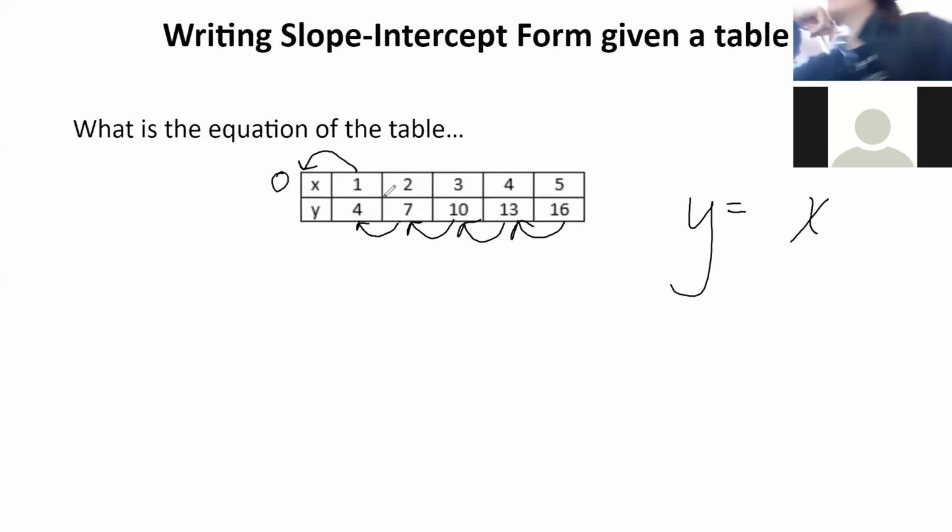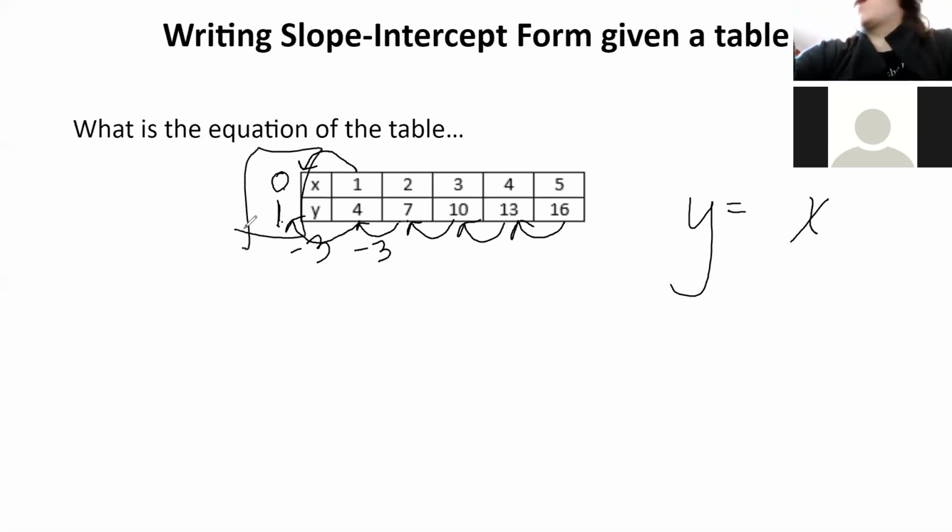What would I subtract from that 4? It would be 1, because if 7 to 4 means you subtract 3, then 4 to the next one, you would also subtract 3, so it's 1. So that means if x is 0, y is 1.